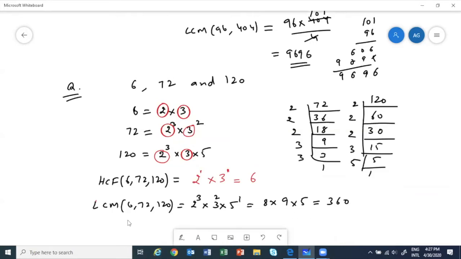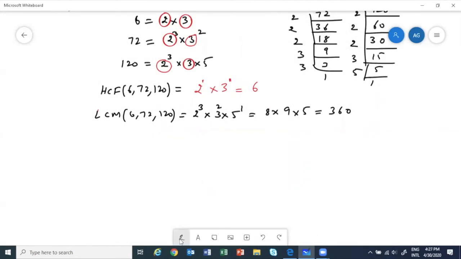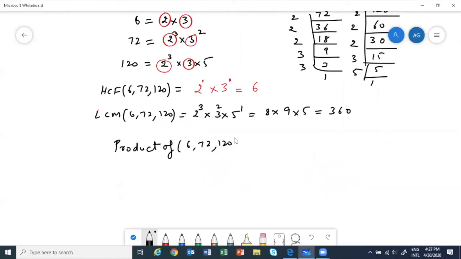So let's try. What will be LCM? Let's try product of numbers. Product of 6, 72 and 120. And product of HCF and LCM. This is LCM. So this is product of 6 into 72 into 120 you do. Get some answer.